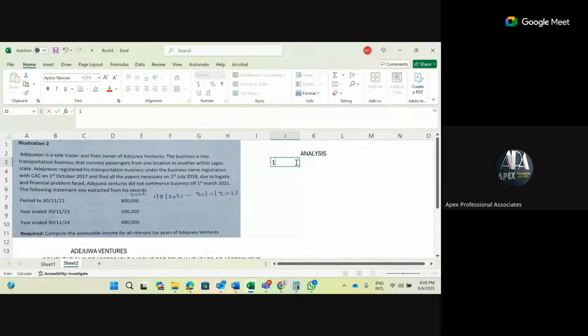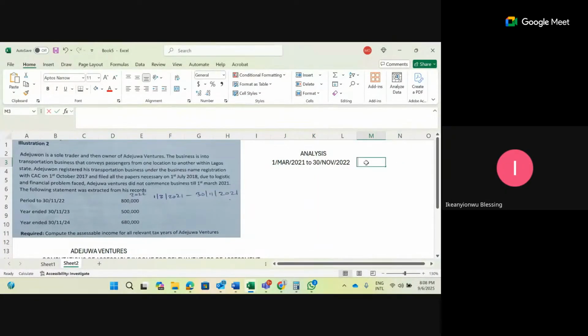The business commenced operation 1st of March 2021. And the first profit they gave to you was that of 30th of November 2022. The figure is 800,000, right?